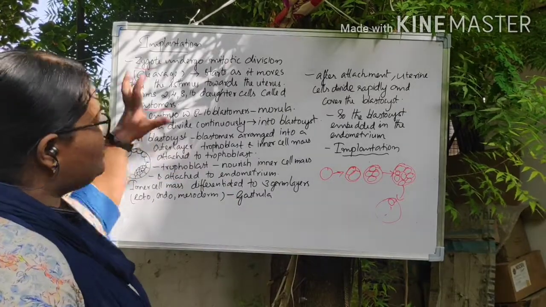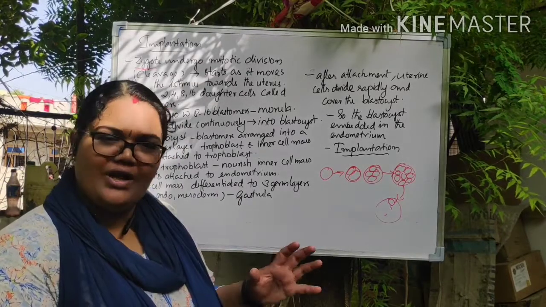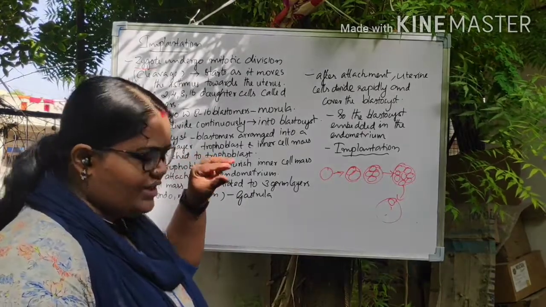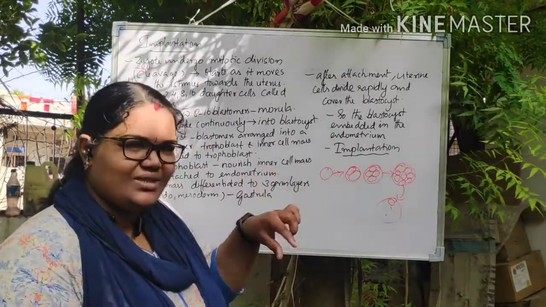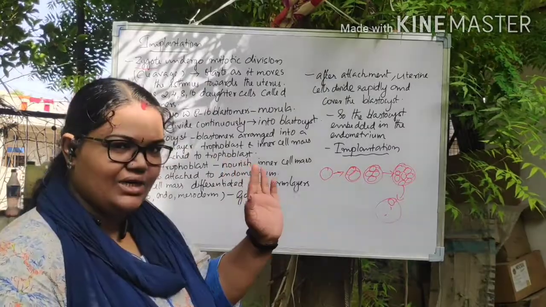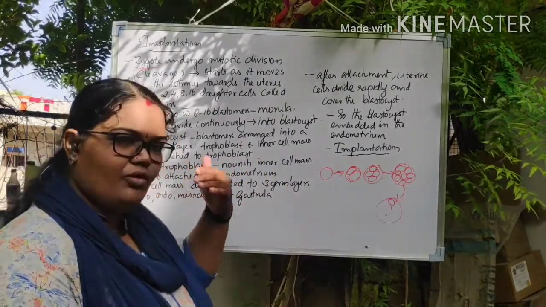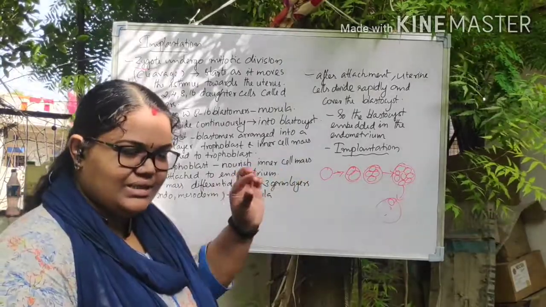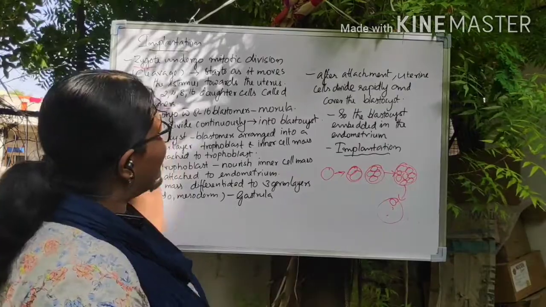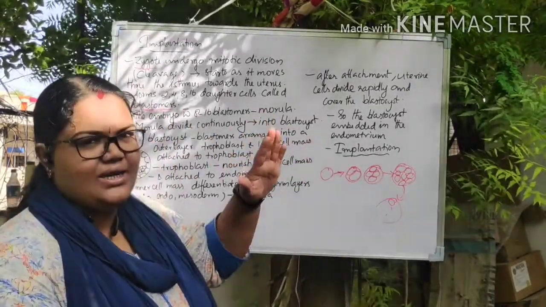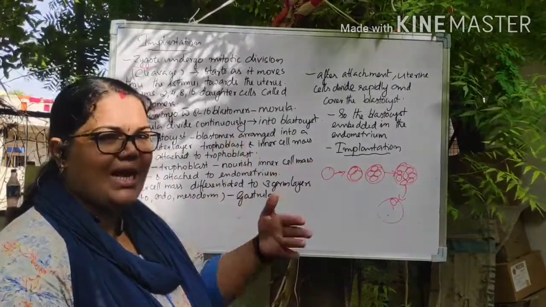That means now the zygote is in the ampullary part of the fallopian tube, right. When it starts moving towards the uterine wall through the isthmus region, at that time it will undergo cleavage, right. Slowly moving down from the isthmus to the uterine wall, at that same time it keeps dividing mitotically. So there will be cleavage happening in between.